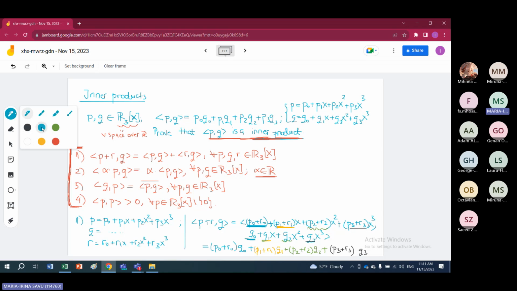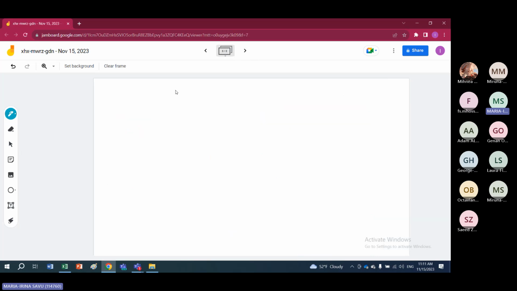And after that, you have to multiply Q0, Q1, and so on with each bracket. So you will have P0Q0 plus R0Q0 plus, this was the first bracket, plus P1Q1 plus R1Q1, the second, and so on.